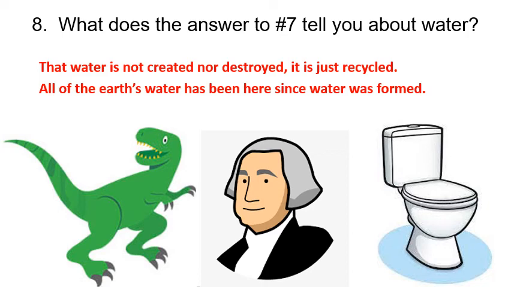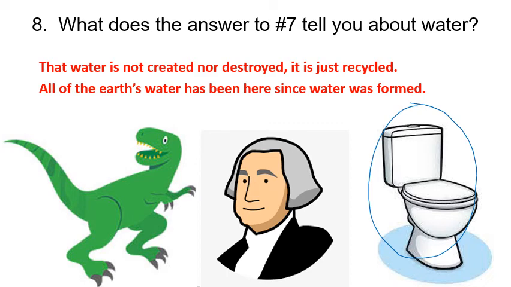What we do here is we send our water from our toilets to a water treatment plant where we take all the dirtiness out of the water, whether it's poop or pee. We take everything that's dirty out of your urine, and that stuff we dispose of. But the actual H2O that's in your urine gets put right back in the water cycle. In our area, we get our water from the Chattahoochee River.